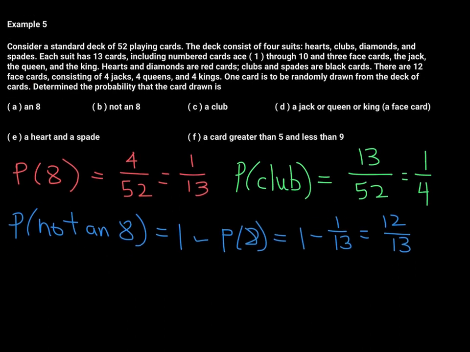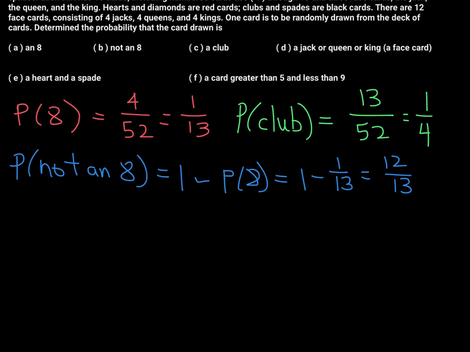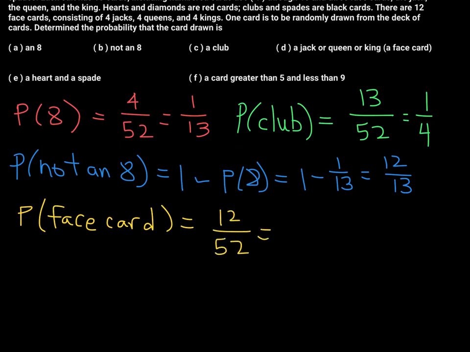So the probability of a face card, of course, this means a jack, a queen, or a king, is 12 face cards out of 52, which is 3/13 after you divide by 4 in the numerator and in the denominator.